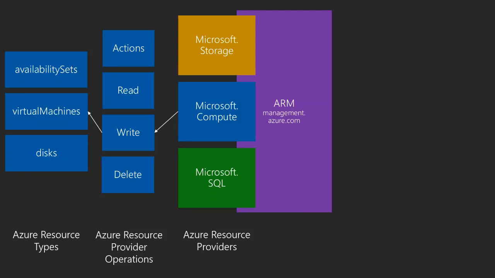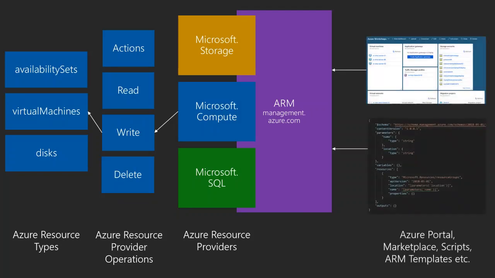So whenever we do something on the Azure platform, no matter if we are using the Azure portal, the Azure CLI, PowerShell scripts, or REST APIs, everything goes through ARM.